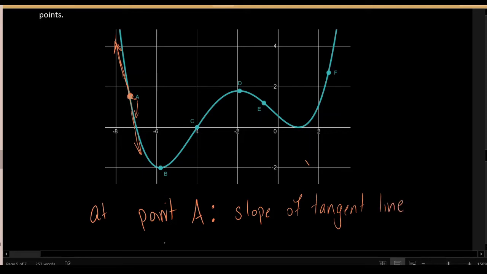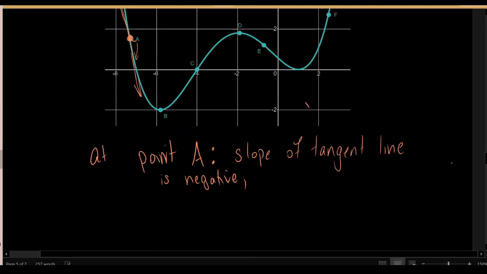And as a result, the derivative is doing the exact same thing. So, derivative is negative. All of this without ever actually having to calculate the derivative using that nasty formula.